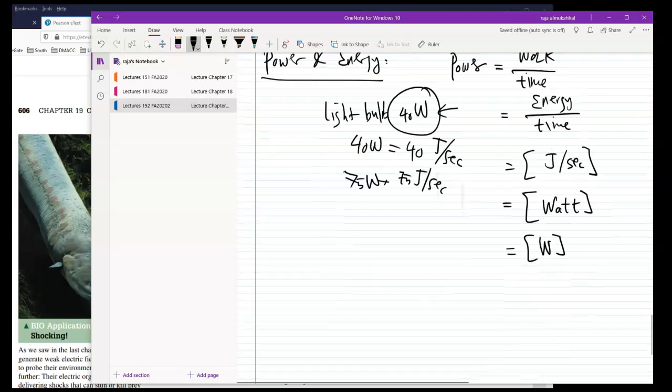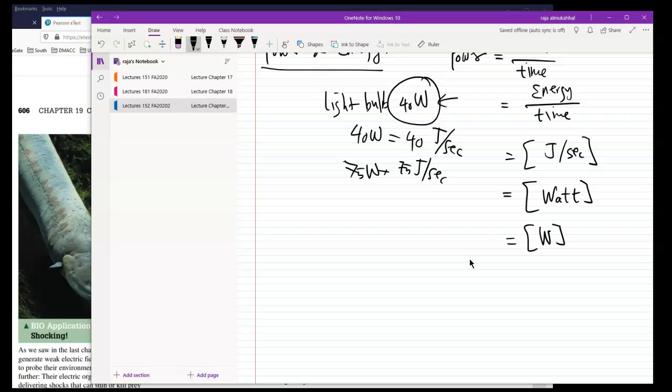All right, let me go back to the power. Again, we are concentrating on electric power, not thermal power or mechanical power. So here the power, big P, is equal to energy, and again, I like to call it energy rather than work. Both are the same thing. Divided by time. Well, work is force times distance, correct?